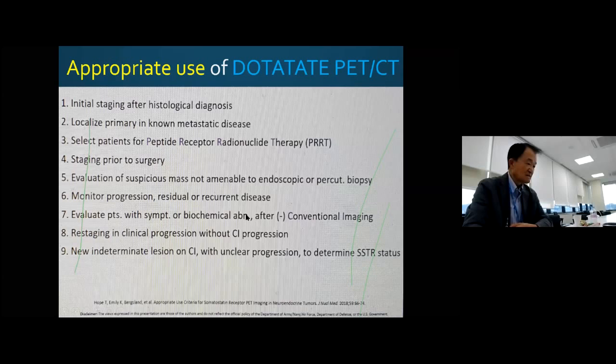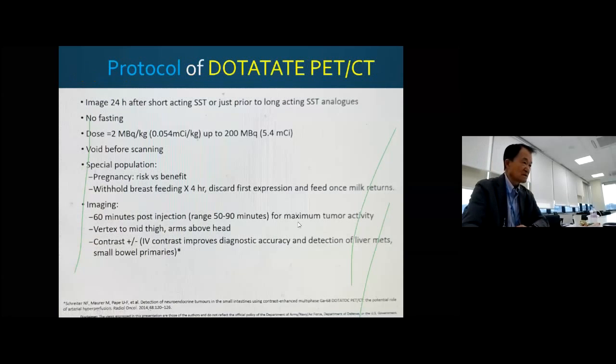And then certain cases with negative conventional imaging, but the biochemical markers are questionable, and you need the scan. So in an intermediate or indeterminate lesion on conventional imaging, you need this kind of more specific scan.